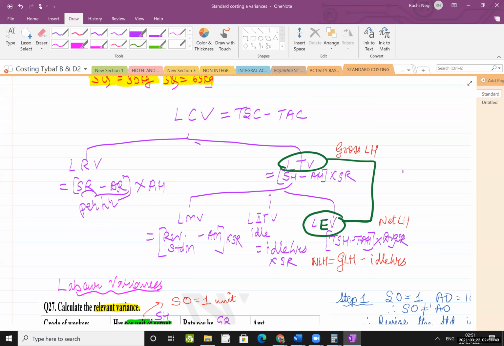The extra variance that you are studying is labor idle time. Labor mix variance, when will you calculate it? You will calculate labor mix variance only when you have more than one labor type.